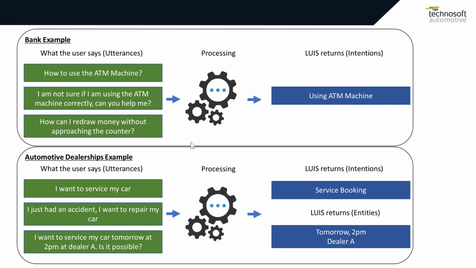All these three, even though they are different ways of asking, are referring to the same intention, which is service booking. In addition, the last sentence also brings in other important information, such as the appointment date and time, and also the workshop, which we define as entities. This is only possible if the software has the ability to understand natural language, and Microsoft LUIS is a service that does this.